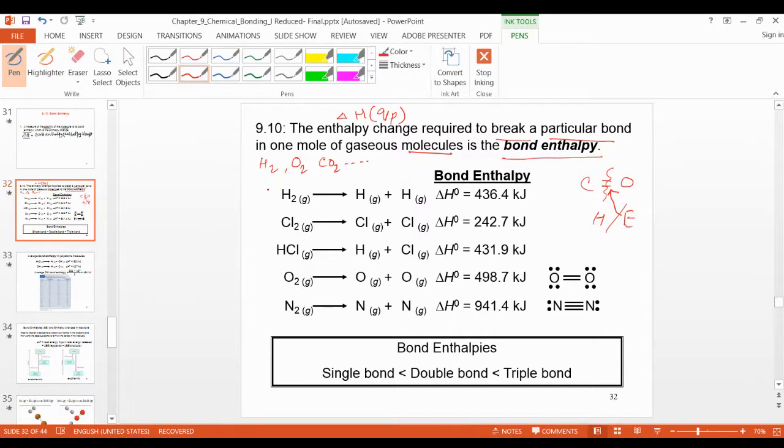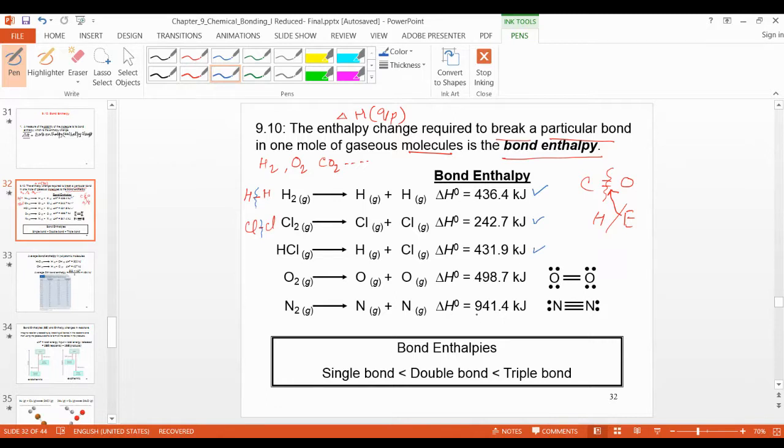These are the bond enthalpy values given to break this bond. This H-H means a single bond, like this, Cl-Cl. To break this bond, how much energy is required? Here it is 436, 242, 431 kilojoules.